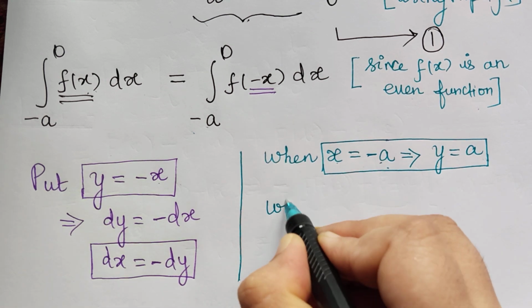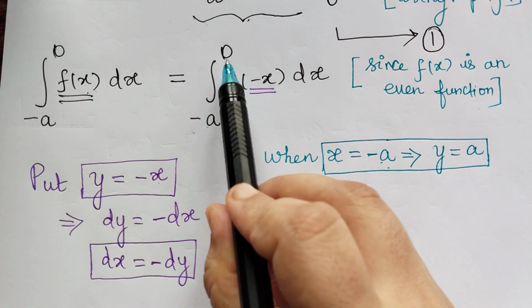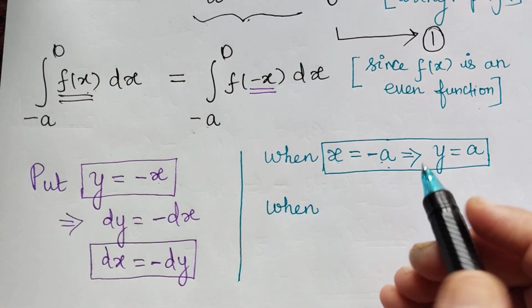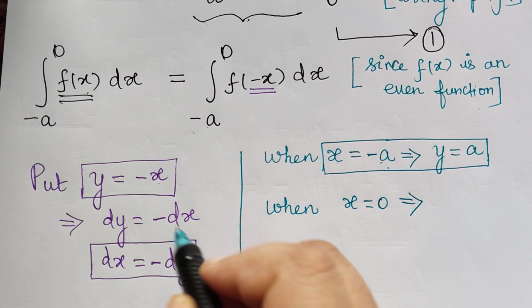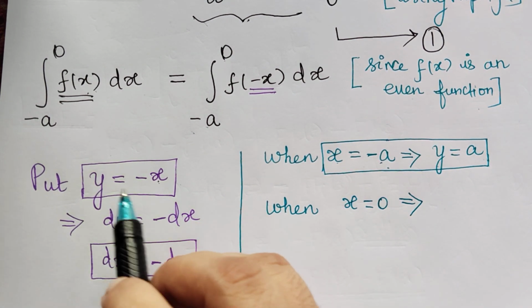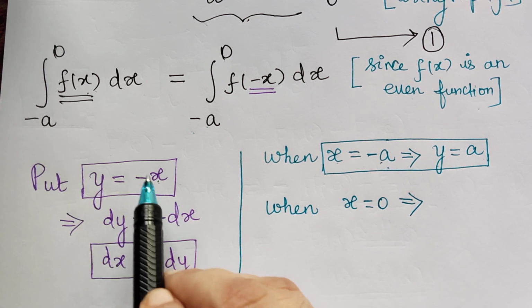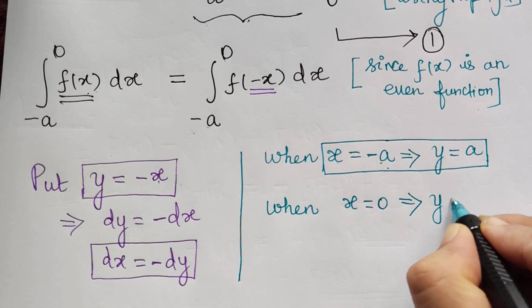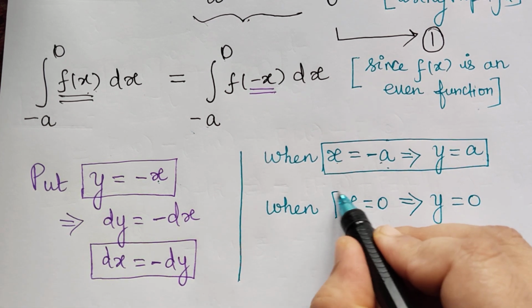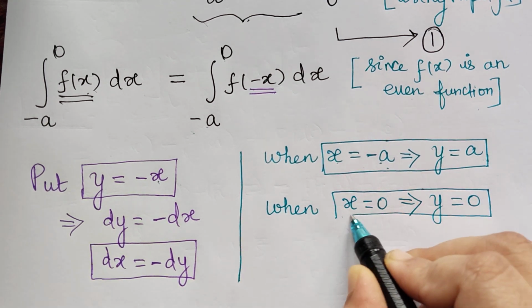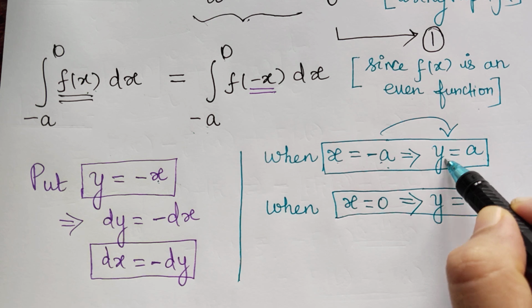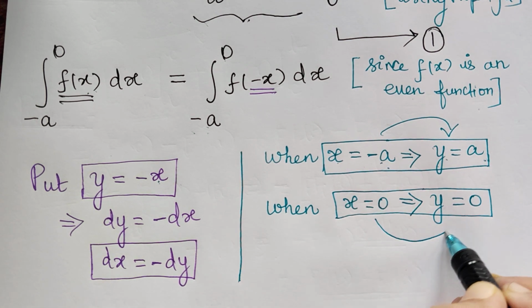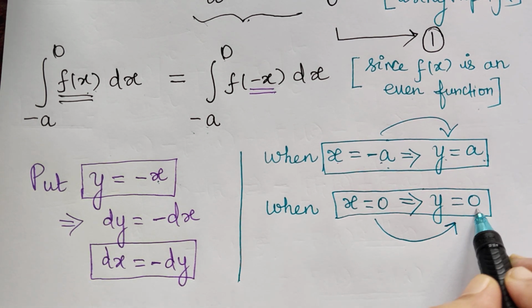Then the upper limit we have to check. Here what is the upper limit? x is equal to 0. So when x is equal to 0, what about y? If you put x as 0 over here, the value of y is also 0. So the upper limit remains 0 itself. Now the limits have changed: instead of minus a, the limit will be plus a, and in place of 0 it has remained as 0 itself.